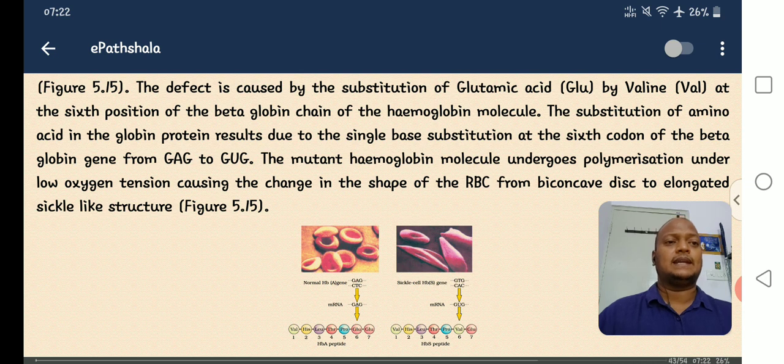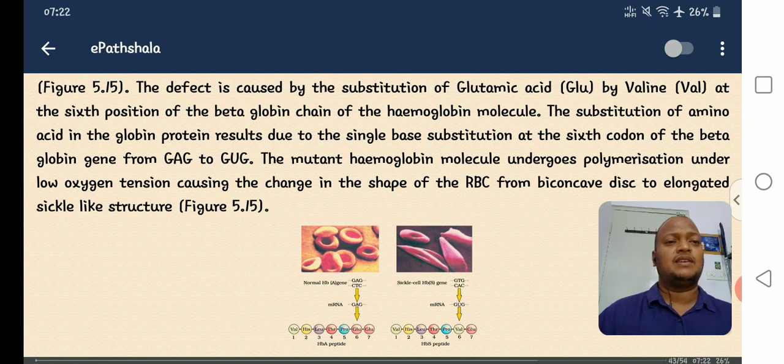Next point: the substitution of amino acid in the globin protein results from a single base substitution at the sixth codon of the beta globin gene, from GAG to GUG.